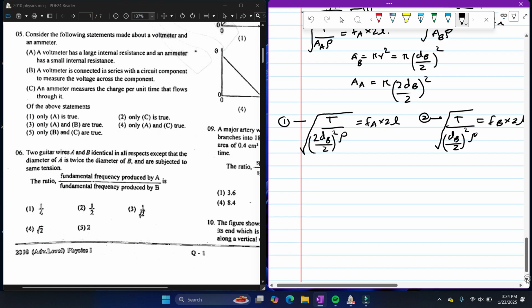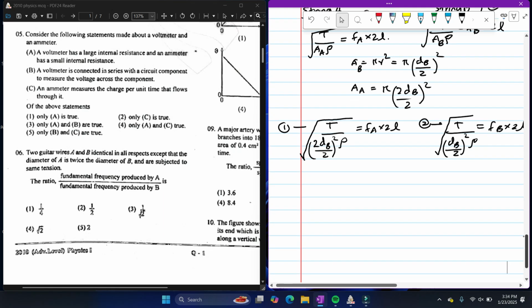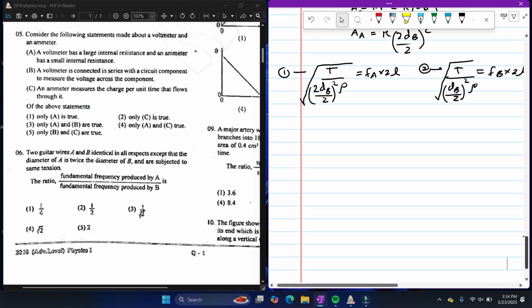So afterwards you can see that this is T divided by 4 divided by 2, which is 2 dB squared into rho, and square this off to remove the square root in this step itself.